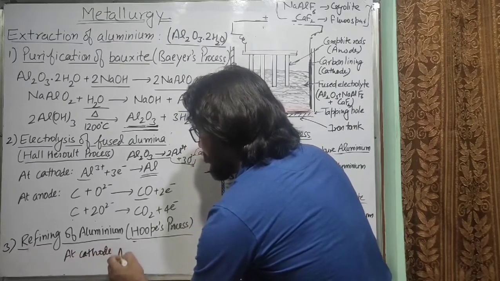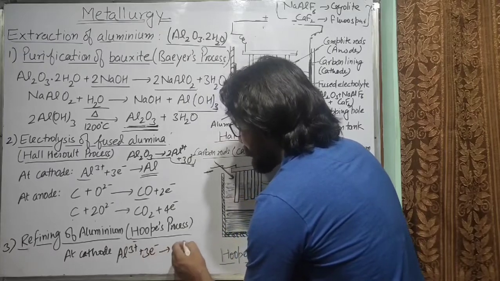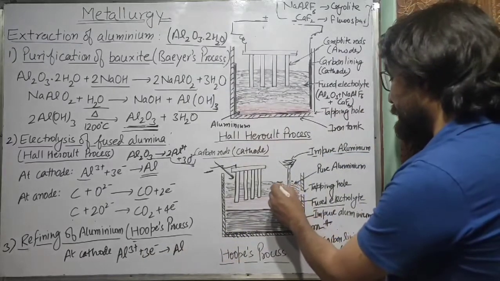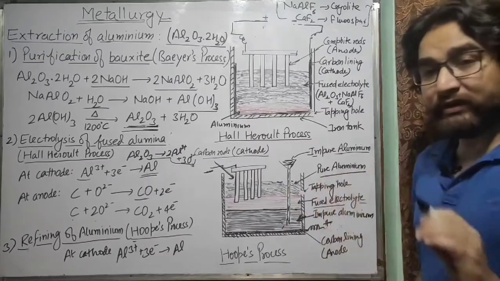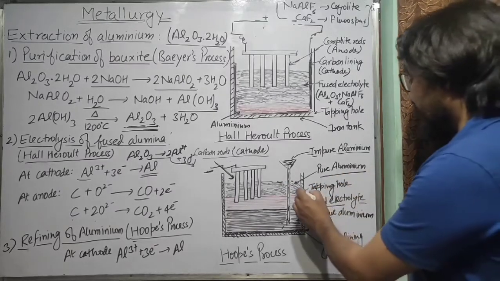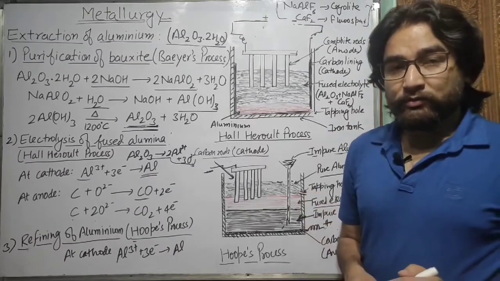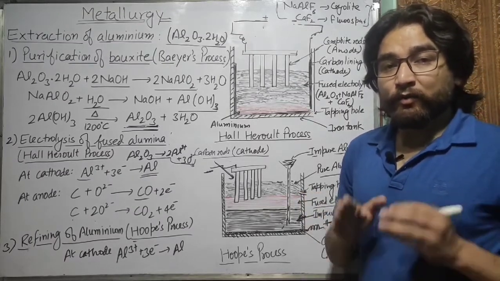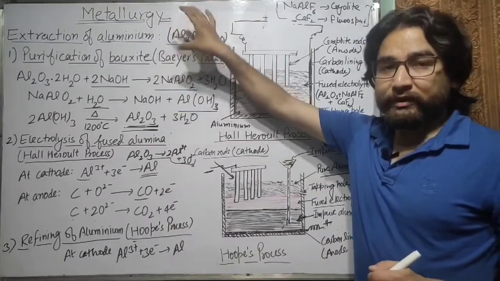At cathode Al3+ ions will gain electrons and will deposit at the cathode. So you can see near the cathode there will be pure aluminium. So the top layer is of pure aluminium. So we can extract this pure aluminium from a tapping hole. So this is how we can obtain pure aluminium from impure bauxite ore.